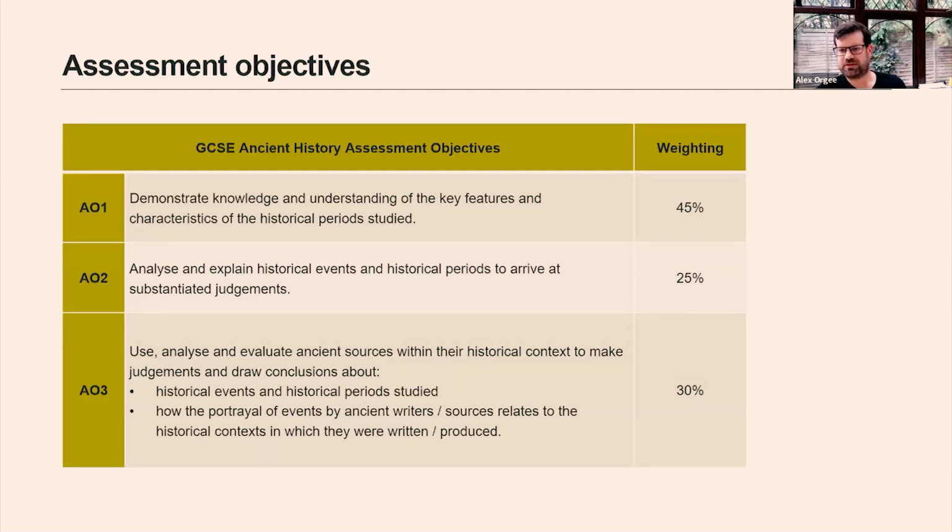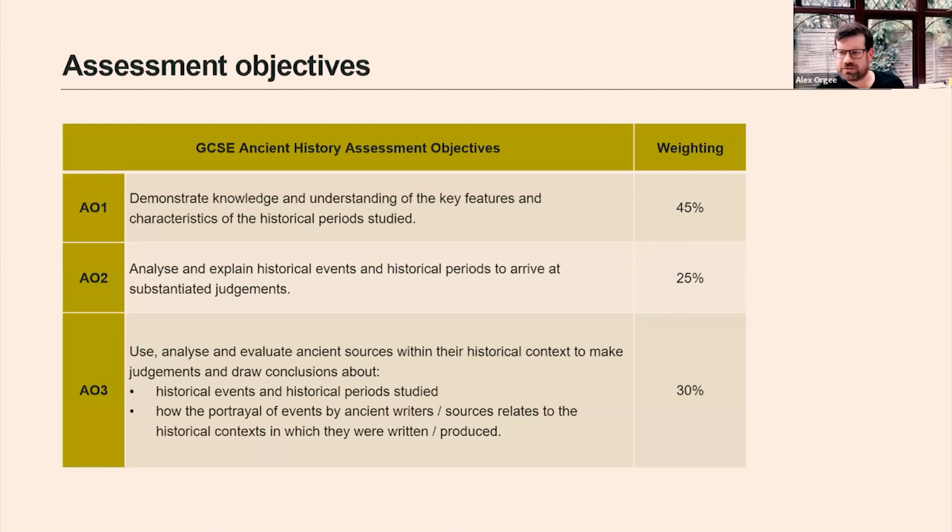The only difference being that rather than being weighted at 45% as it is for GCSE Ancient History, history has that at 35%. Likewise, the AO2 assessment objective is again very similar to the wording in GCSE history. Again, slight differences in the assessment objective weightings.